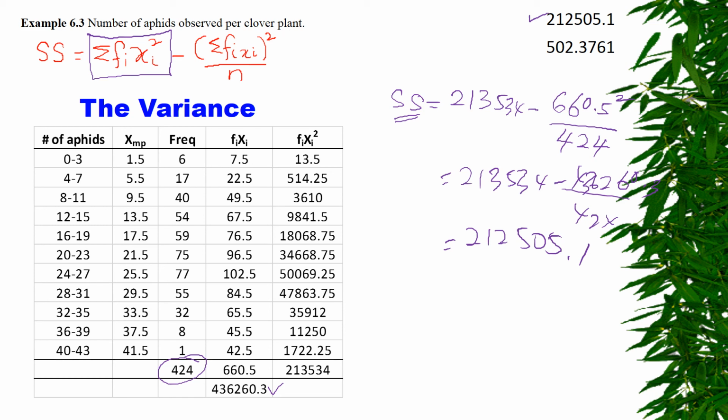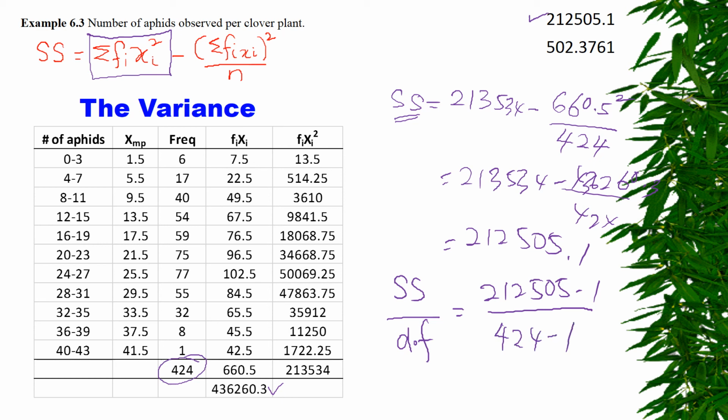Later on, what you need to do is to find the variance. The variance is just simple: it is the sum of square divided by the degrees of freedom. So 212505.1, and because this is a sample, the degrees of freedom is 424 minus 1. So the total will be this one.